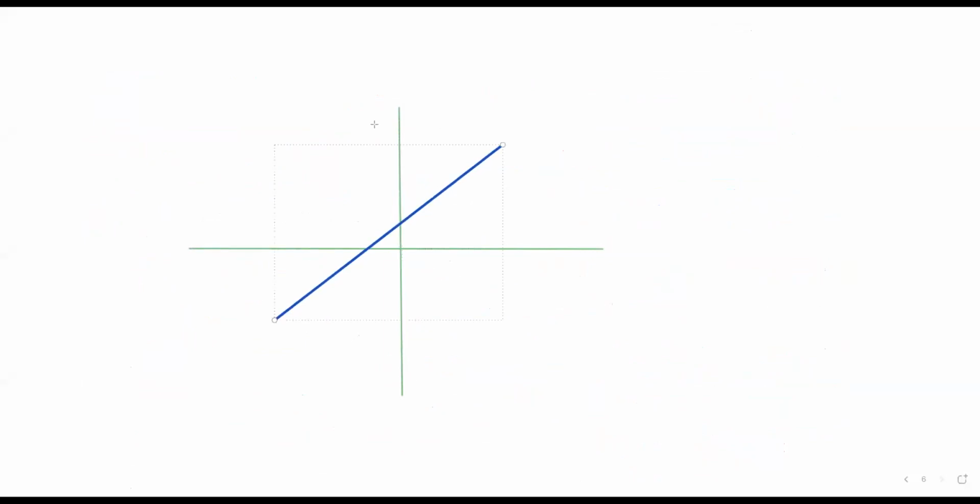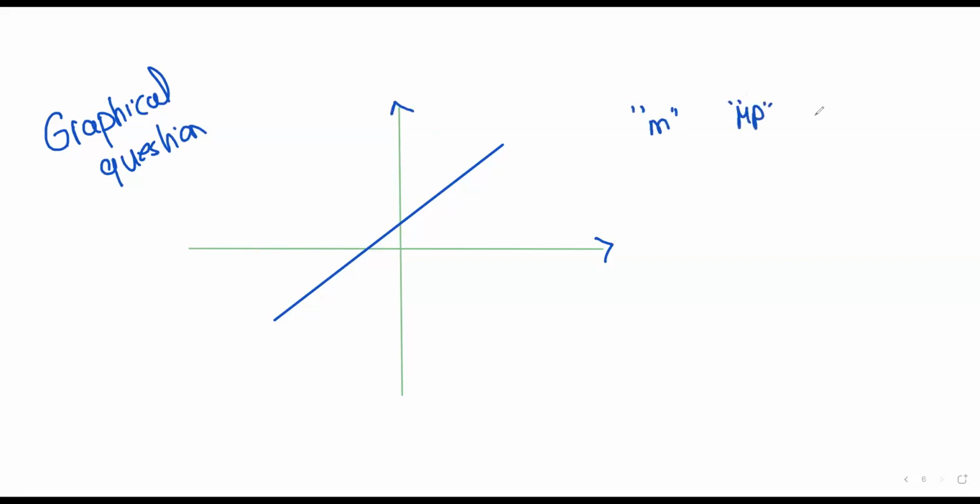Okay, so this is what we call a graphical question. What if I was given a diagram, a coordinate plane as follows, and then a line drawn, and the question says, find the gradient, or find the midpoint, or find the length of the line. Now, what do I do in this case?